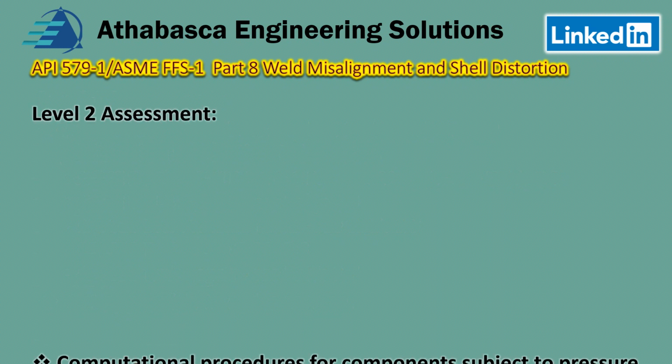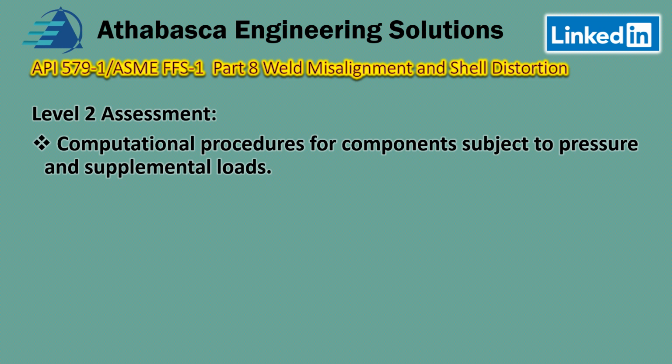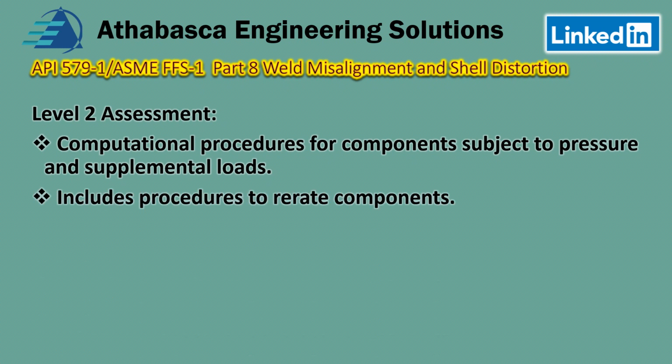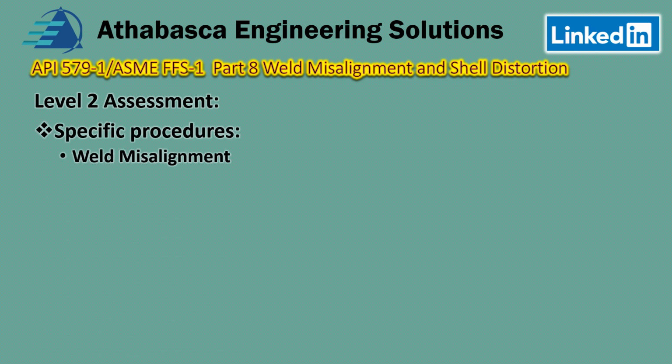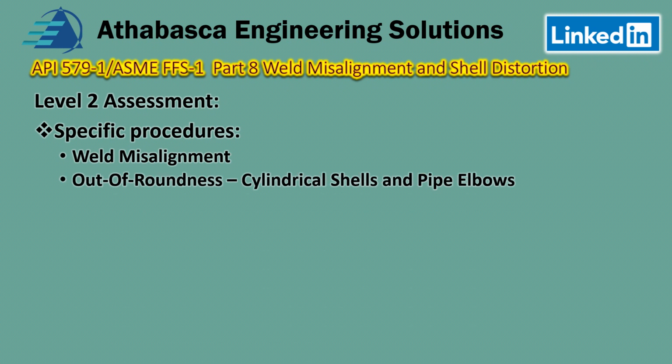Level 2 assessment involves computational procedures for components that are subjected to primary pressure stresses and supplemental loads. This is where Level 2 should be applied, and it includes procedures for re-rating of components, which is not found in Level 1. There are specific procedures for weld misalignment and out of roundness of cylindrical shells and pipe elbows.